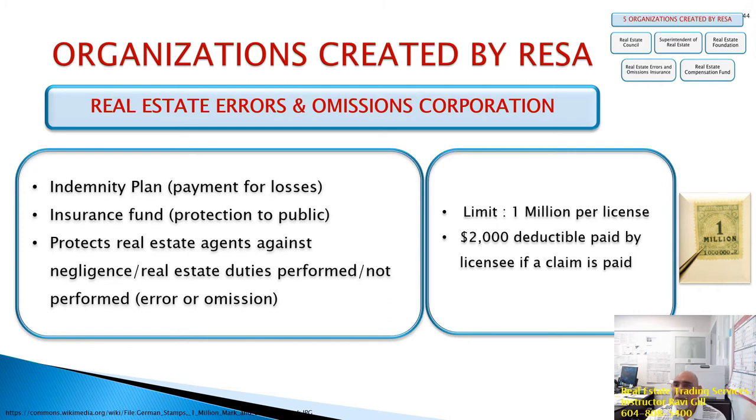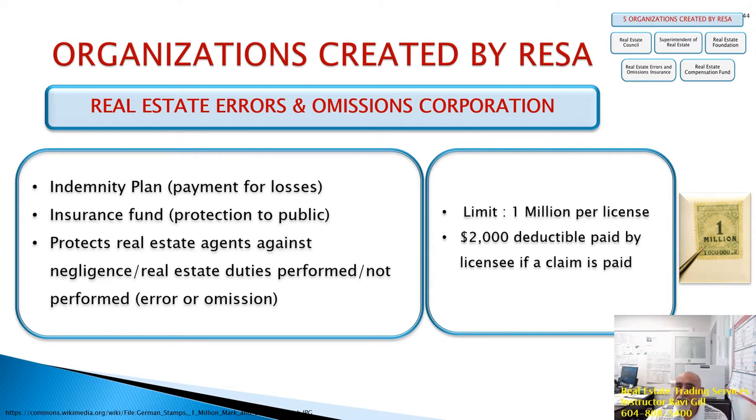Okay, number 4, Real Estate Errors and Omissions Corporation. This is an insurance plan for the realtors, not for the public. This is for the realtors. Okay, basically it protects the real estate agents against negligence or any duty that they were supposed to perform or they didn't perform.